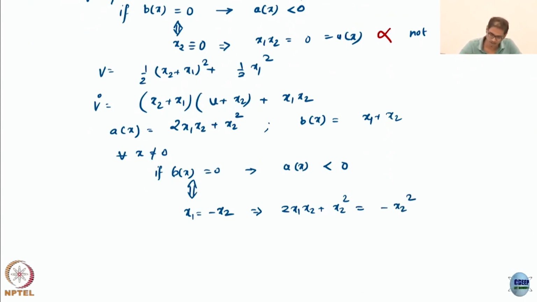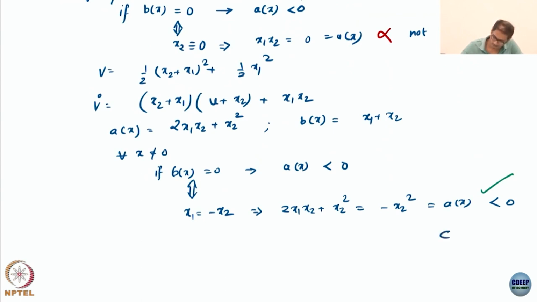This is equal to Ax and this is negative because x is non-zero, right? Negative. Okay. So this is good. Yes, they have a green tick. Yeah. This is a CLF.